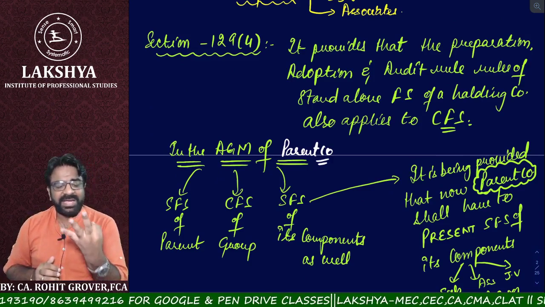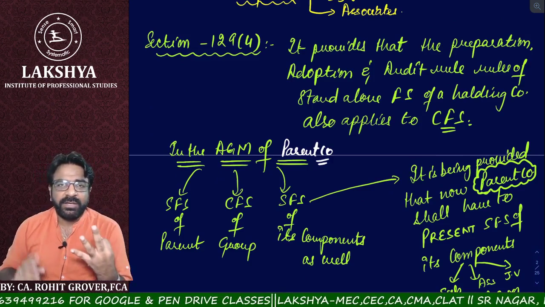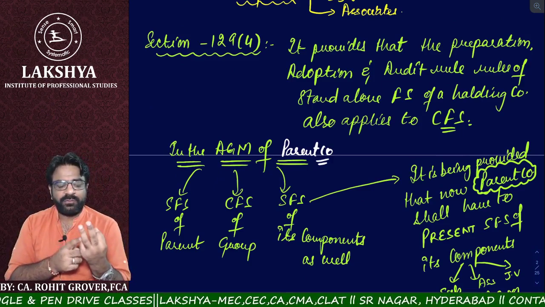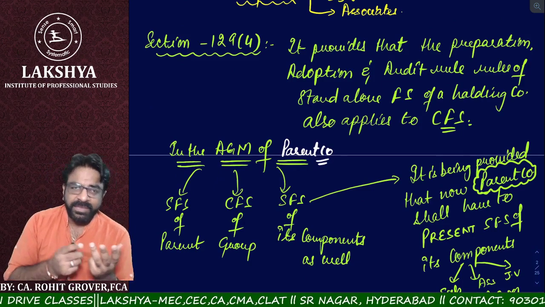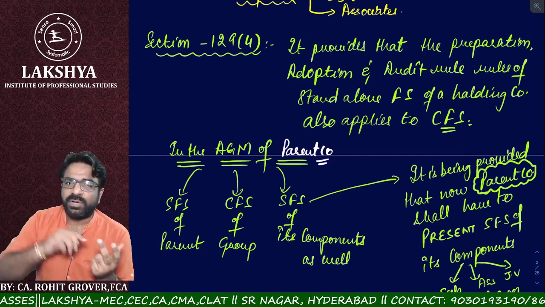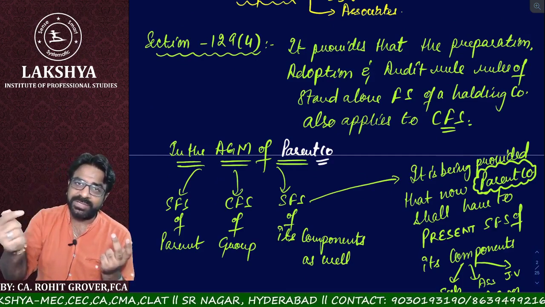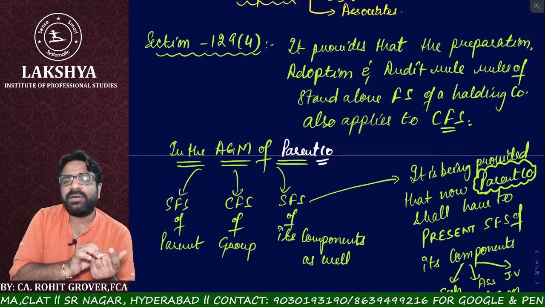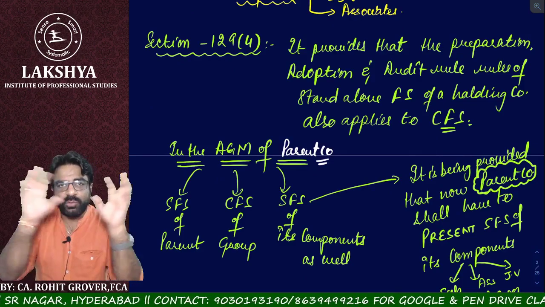So in the AGM of the parent company, three types of financial statements are going to be laid down: standalone financial statements of the parent, standalone financial statements of all its components, and consolidated financial statements of the total group.